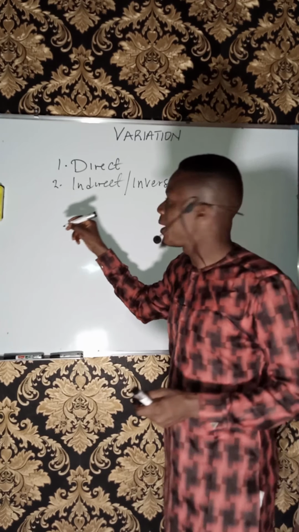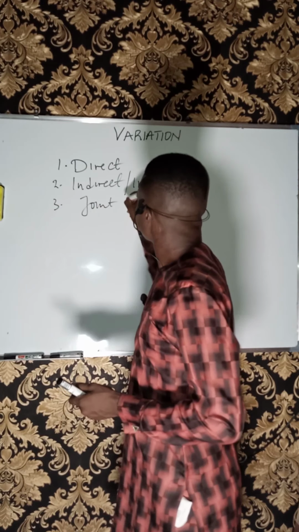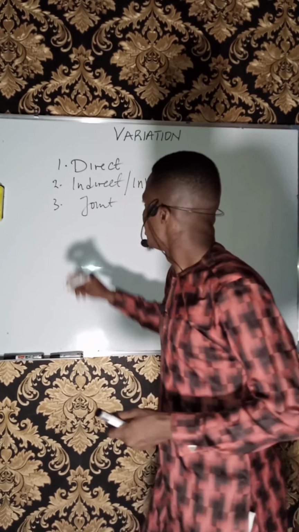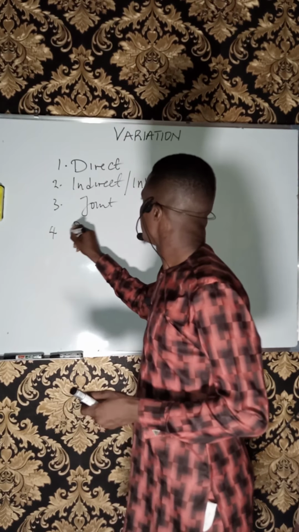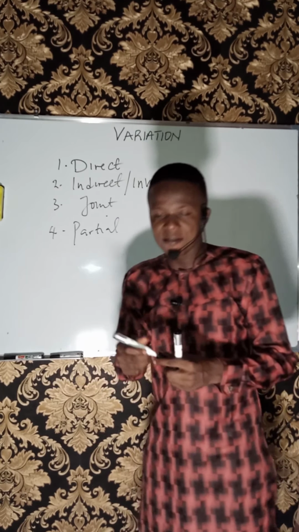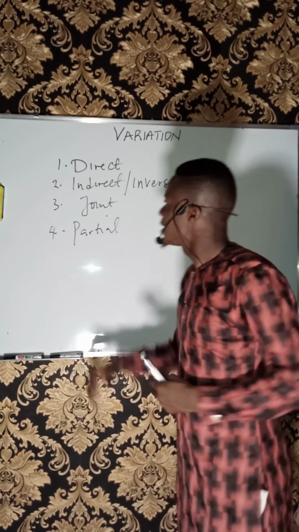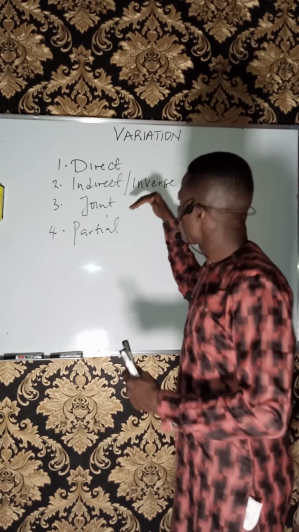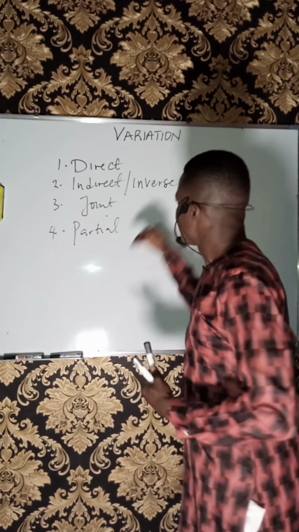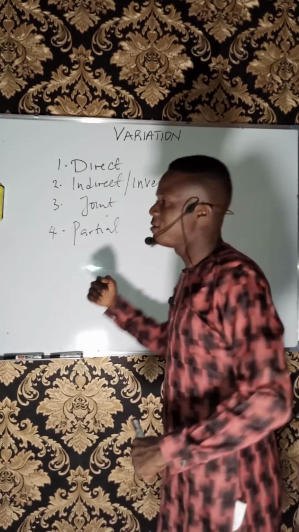Another type is the joint variation, followed by the partial variation. These are the four cases of variation we have in mathematics: the first is direct variation, the second is indirect or inverse variation, the third is joint variation, and the fourth is the partial variation.